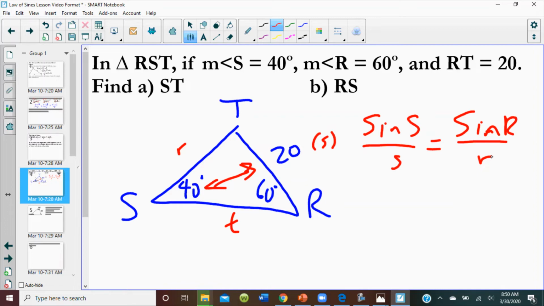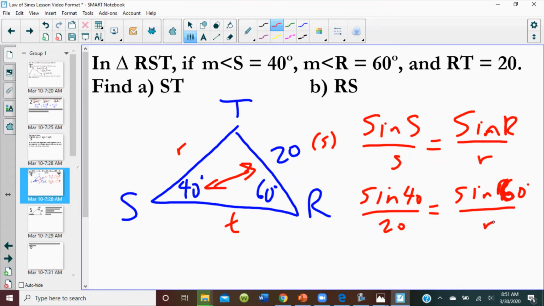So we're going to fill in the information here. Sine of 40 degrees, which is a real number, over 20 is equal to the sine of R, which we do not know. Actually, we do know sine of 60 degrees, sorry, sine of 60 degrees over the unknown value of r.